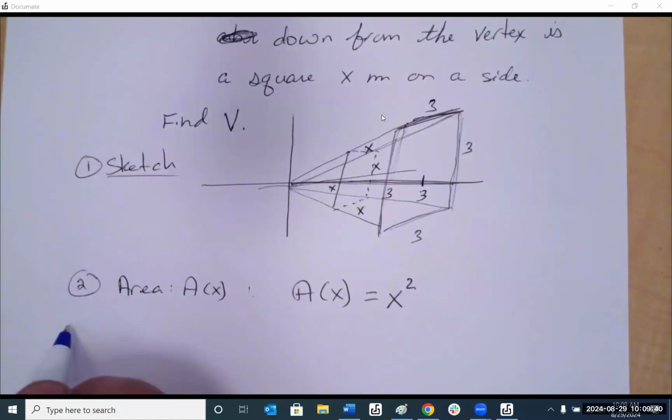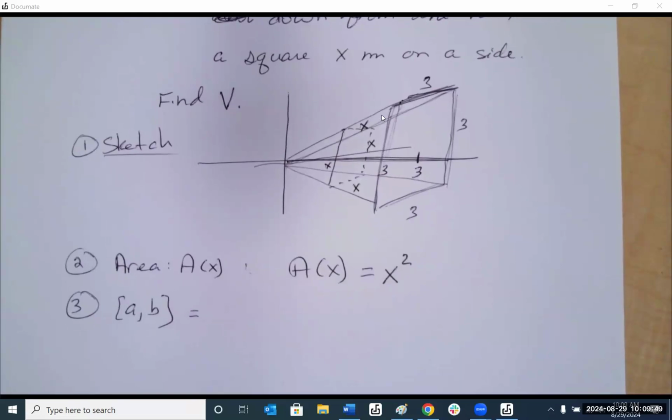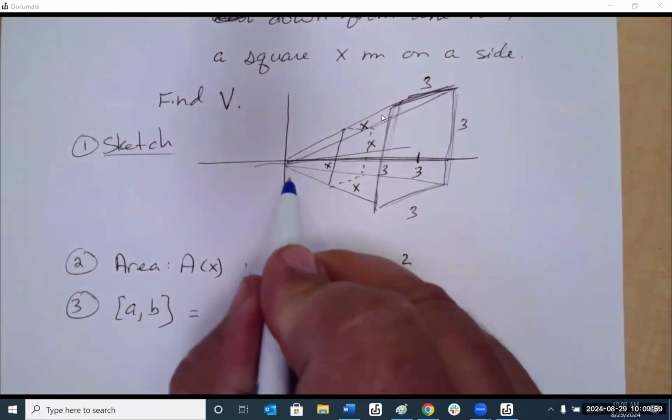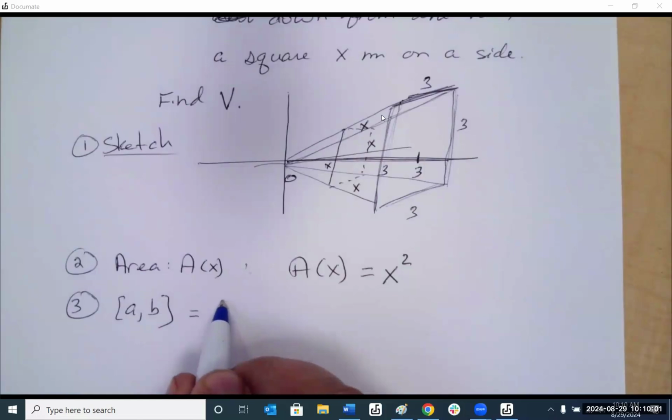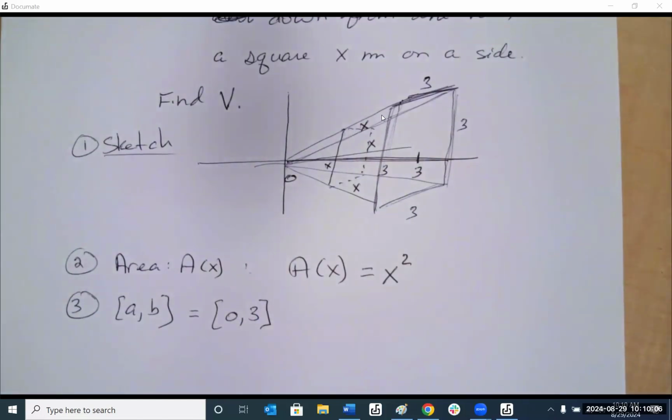Find the bounds of integration. So where does it go to? From where to where? How tall is it? It's 3. So it goes from 0 to 3. That's the bounds of integration.